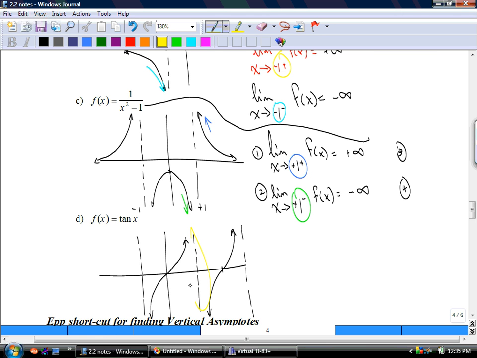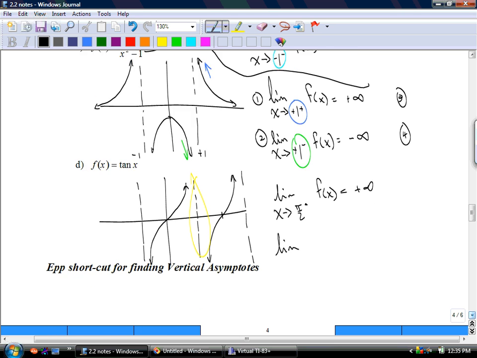Positive pi over 2, so this asymptote right here. So your statement would be the limit as x approaches pi over 2 from the left. You would say positive infinity. And then if you did the limit as x approaches pi over 2 from the right, you would say negative infinity.